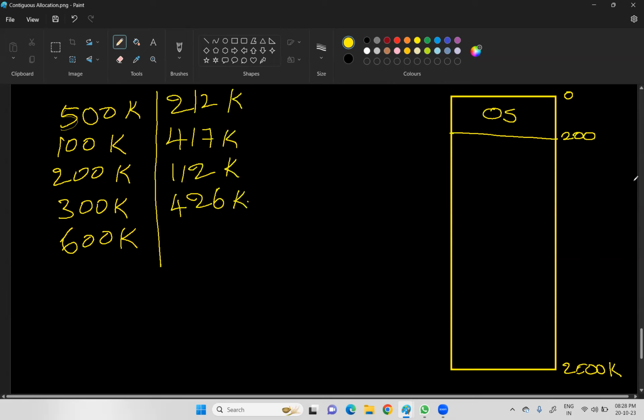Okay, these are the first 5 processes which already existed in the ready queue. After allocation and execution are done, these are the next coming processes which are waiting for execution. How will the allocations happen for first fit, FF?